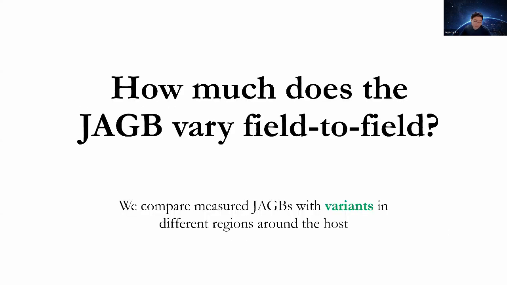So the first thing we sought to look at was the standardization and the consistency of the JGB. One way you can do this is looking at the variation in the JGB and how that varies field to field. Now, ideally, for a good standard candle, we would expect that the magnitude of that standard candle should not vary significantly depending on the field you look at, given it's in the same general region, such as the outer disk for the JGB or the halo for the TRGB.